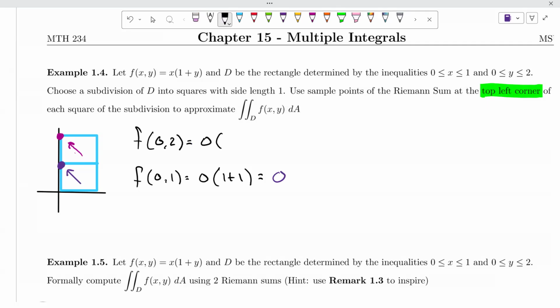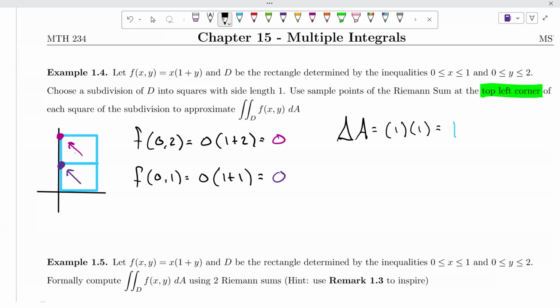This is 0 times 1 plus 2, which is also 0. Let's pretend like I didn't already know that. I also need to go get my delta A value. Delta A is just the area of each of those squares, which is 1 times 1, or just 1.